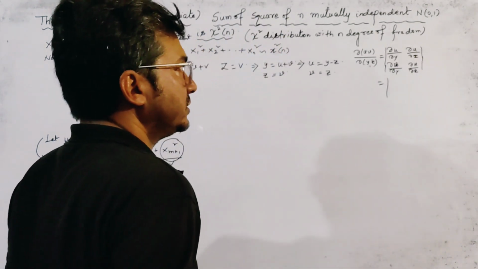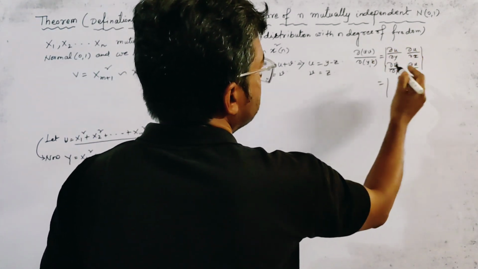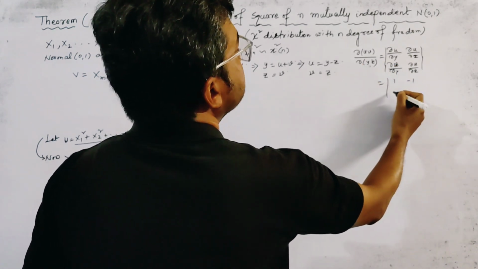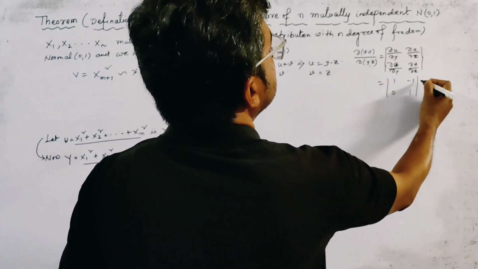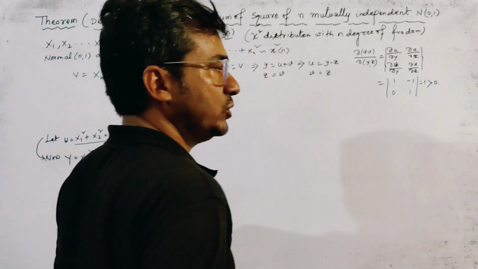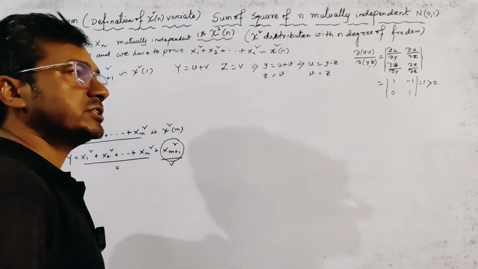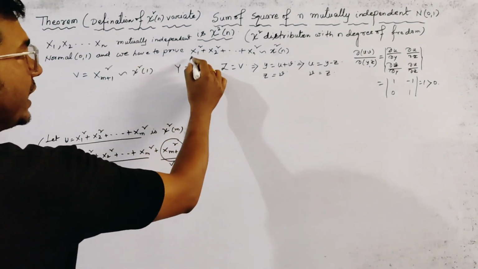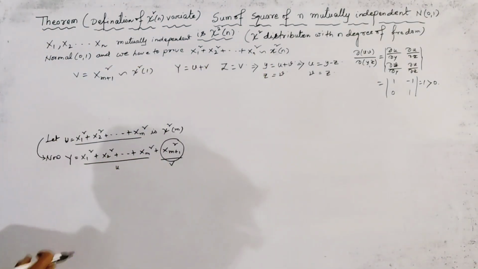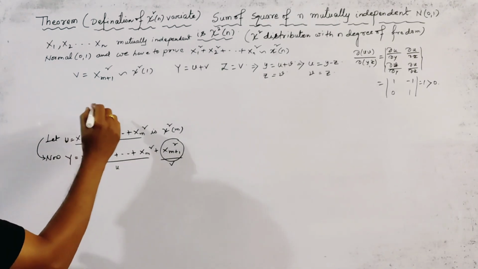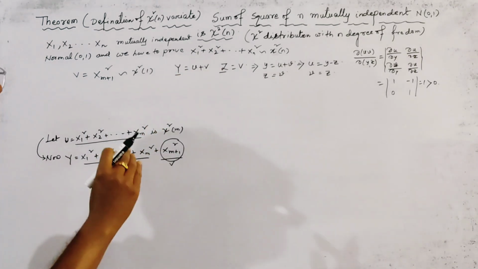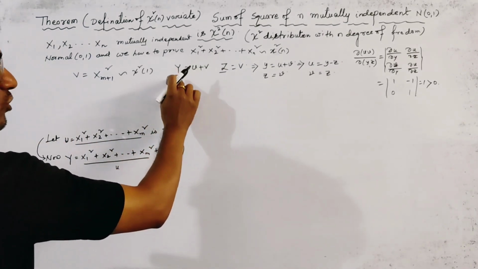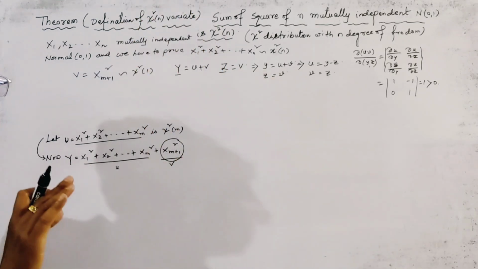This is given by del u by del y, this means 1, del u by del z, this means minus 1, del v by del y, this is 0, del v by del z, this is 1, so this is 1 and this is greater than 0. So it keeps a constant sign, and since here x1, x2 up to xn all are independent, we say that here y and z must be independent.